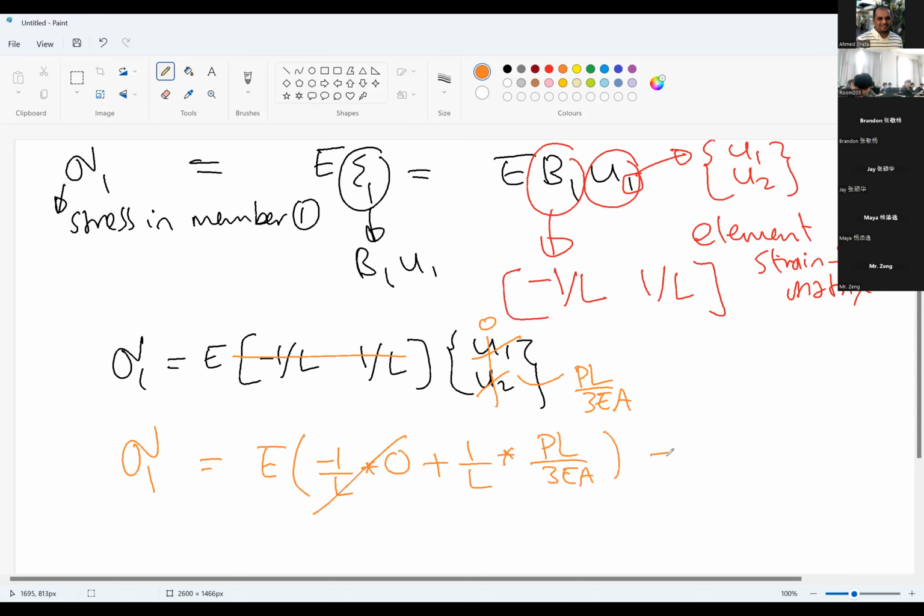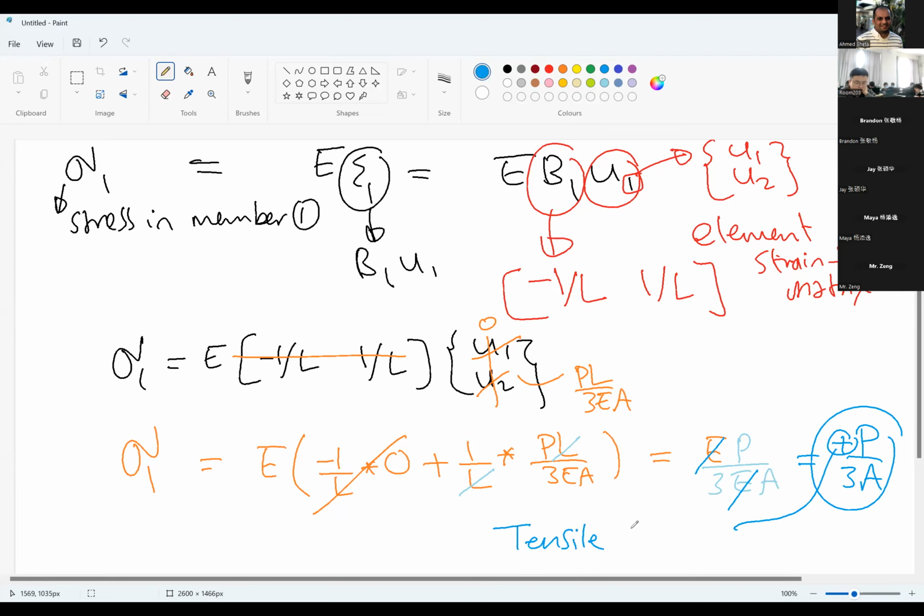This is 0, so we get E, L by L, so E with E, it will be B divided by 3A, positive. So the stress in member 1 will be positive B divided by 3A. The positive sign means this is tensile stress.